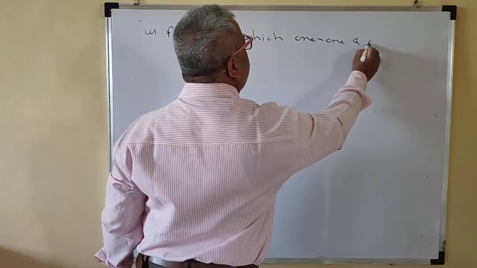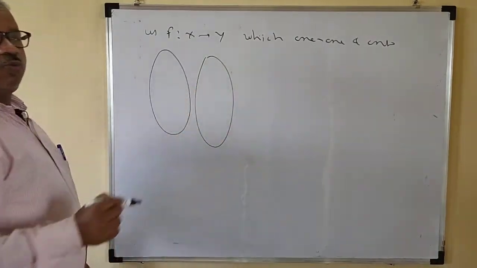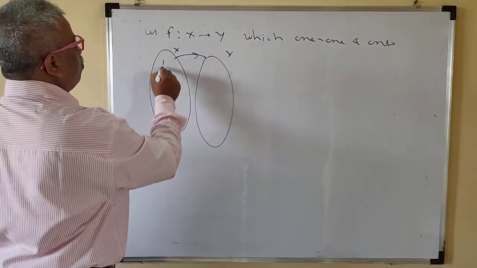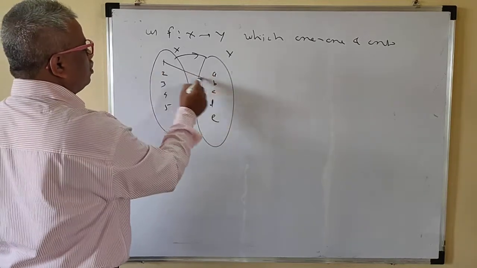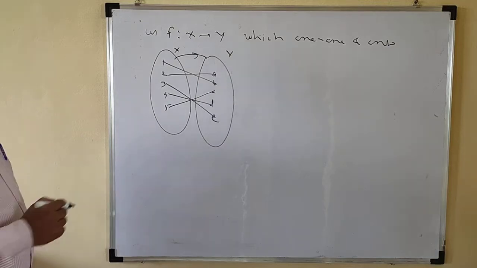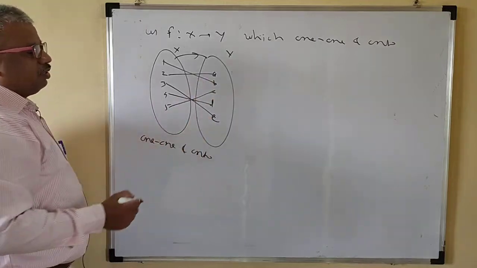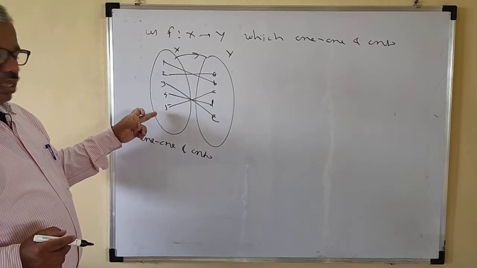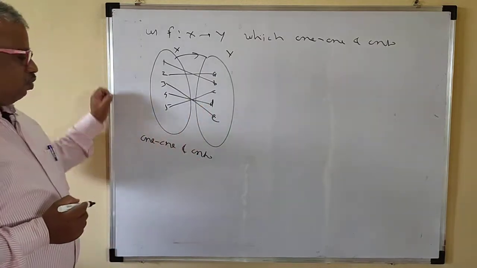It is 1-1, so the number of elements in x and y are the same. Take x as 1, 2, 3, 4, 5 and y as A, B, C, D, E, with images drawn like this. Distinct elements have distinct images, so everywhere there is a single arrow. That function is always 1-1 and onto.